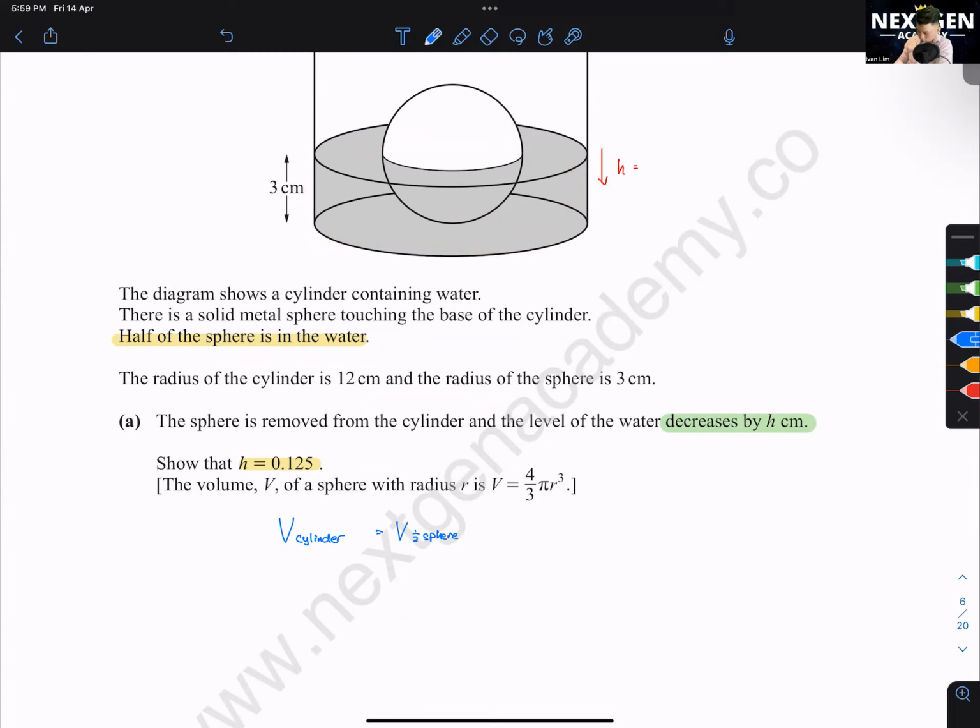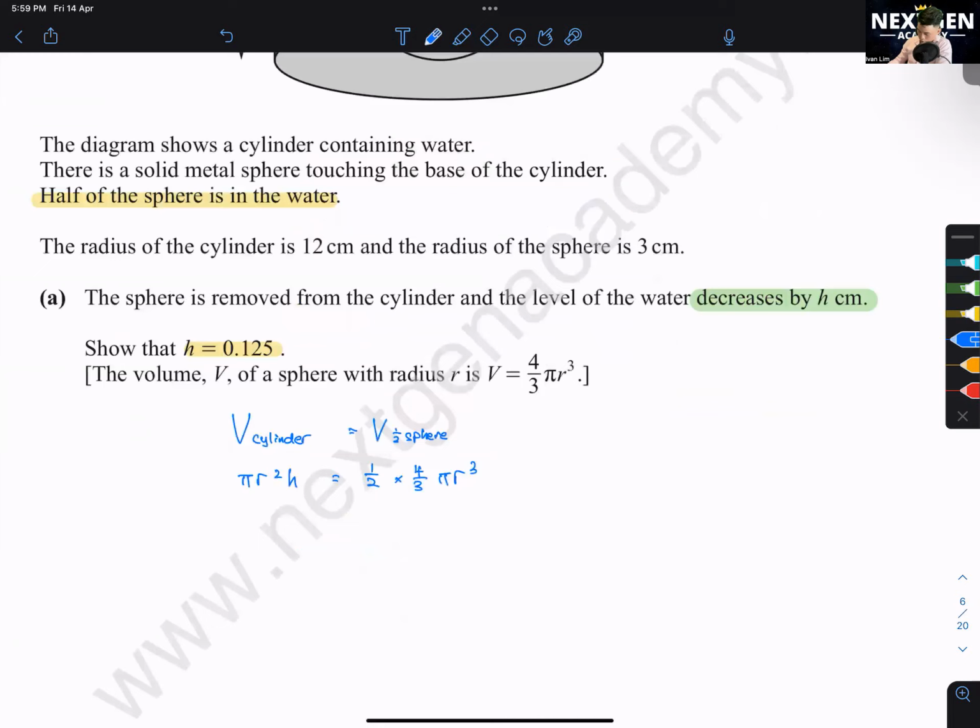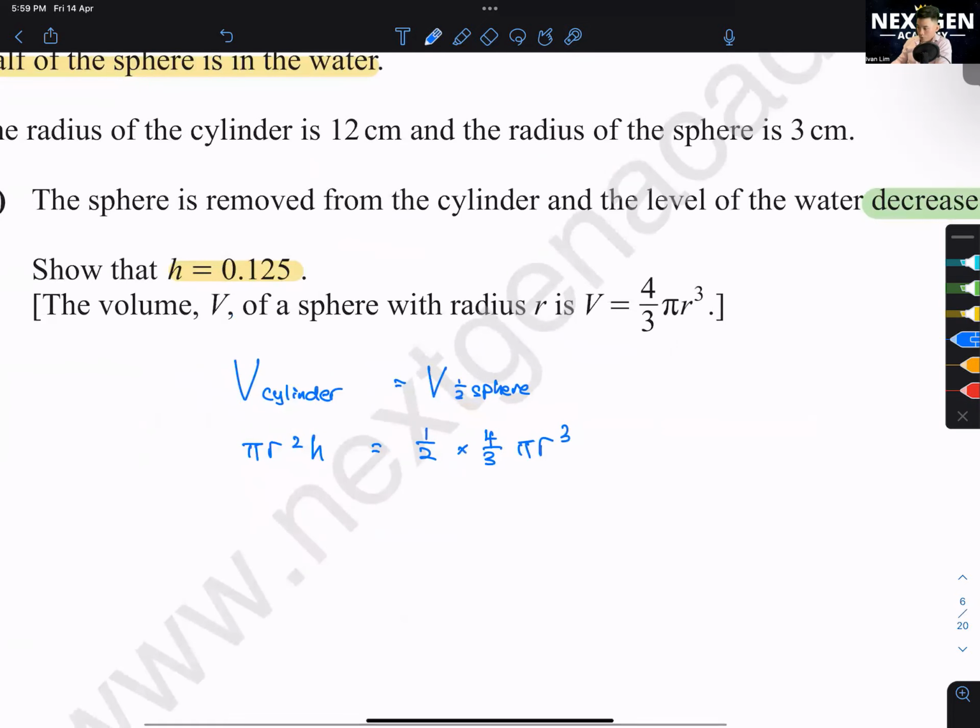So your formula is pi r square height equals 1/2 times 4/3 pi r cube. Here it's pi 12 square height equals 1/2 times 4/3 pi 3 cube.